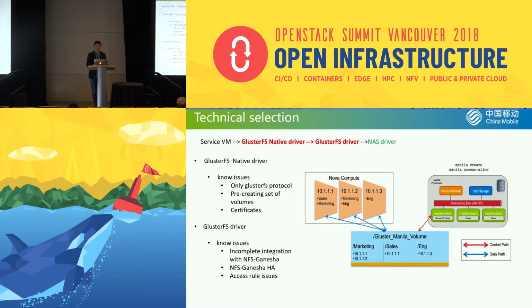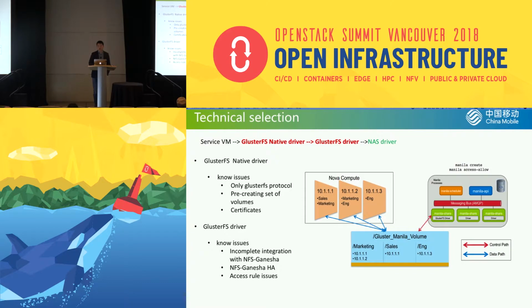In the GlusterFS driver, both NFS-Ganesha and Gluster NFS are supported. Shares can be accessed by NFS version 3 and version 4 protocols. The Gluster NFS has some control issues, for example with the access rules, and can only be used through NFS version 3.